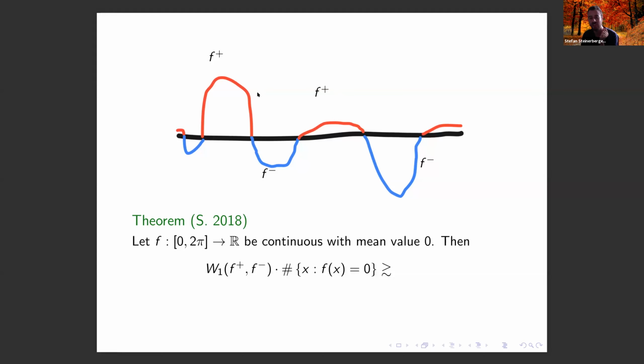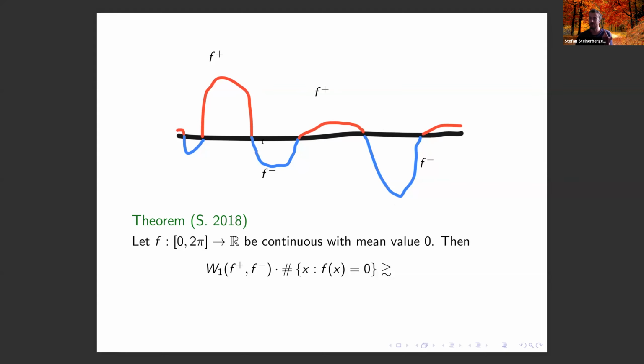So suppose you have a function on the standard torus, or periodic if you want, and it has mean value 0. Then there's the positive part and there's the negative part, right? There's an f plus and there's an f minus. And the positive part is equally big as the negative part because the mean value is 0. Now one question you can ask is, how much does it cost to transport the positive part to the negative part?